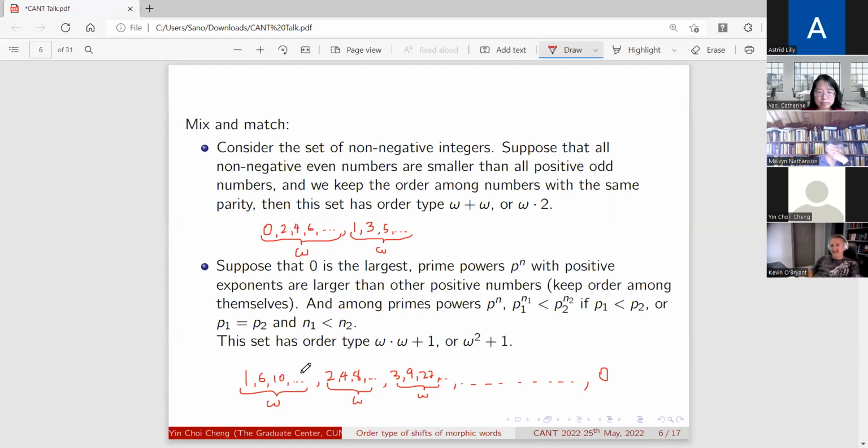And if we consider these groups as elements, the order type of these groups is also omega. And so the order type of this set becomes omega times omega plus 1, since we have a clear maximum element, or omega squared plus 1.